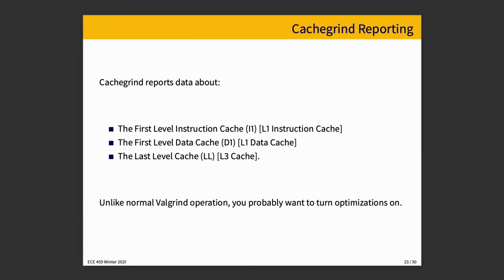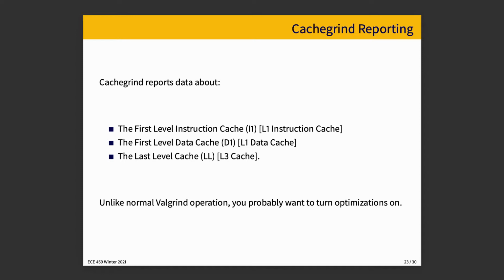In the course repository, there's a C program from a previous course, ECE 254, that's used for some of the data in the notes. We can also look at some actual programs when we compile them.